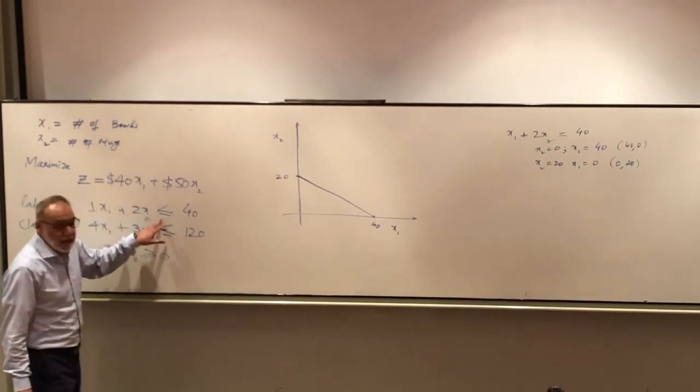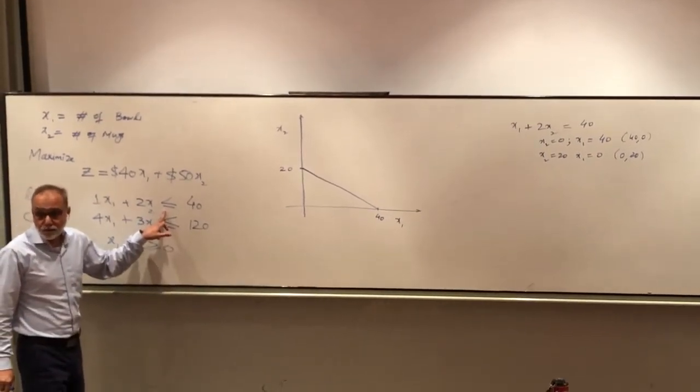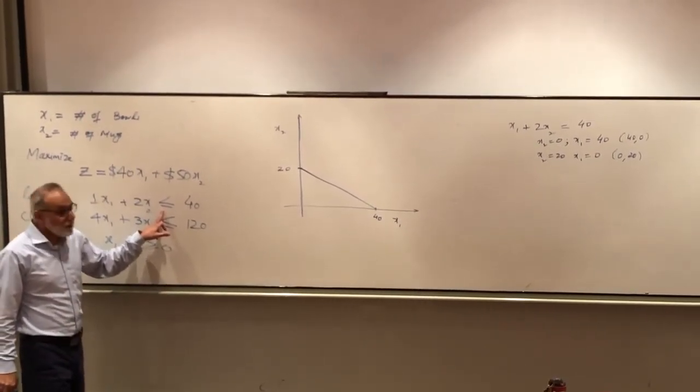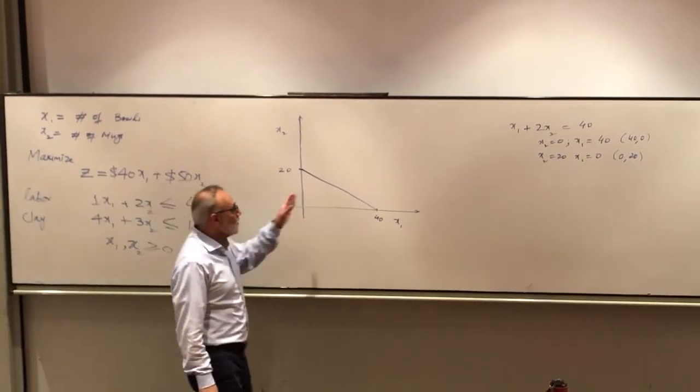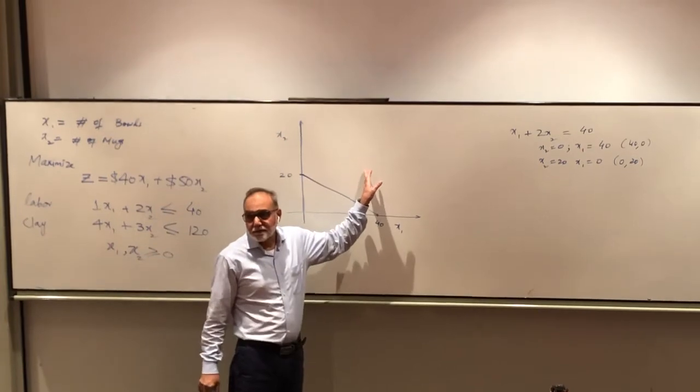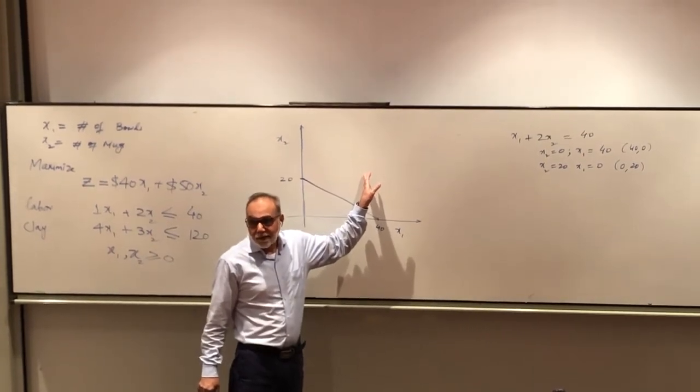Now since it is less than or equal to, this constraint is valid on this side or this side? Down.